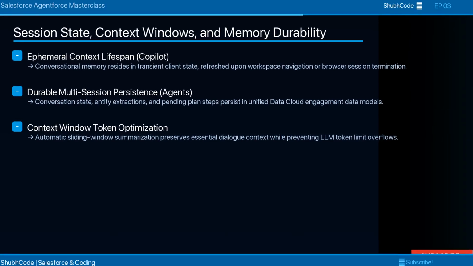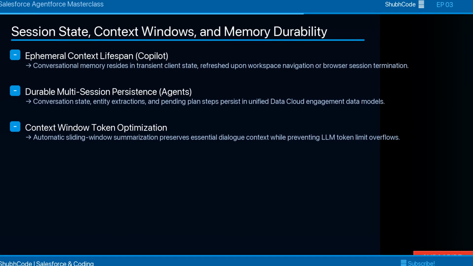Session management separates transient conversational toys from resilient enterprise architectures. A Copilot session is ephemeral, typically bound to the browser's active window state, and cleared when the user navigates across records or closes their workspace tab. Custom Agentforce agents, however, maintain durable conversational session state across long-running, multi-day customer interactions.